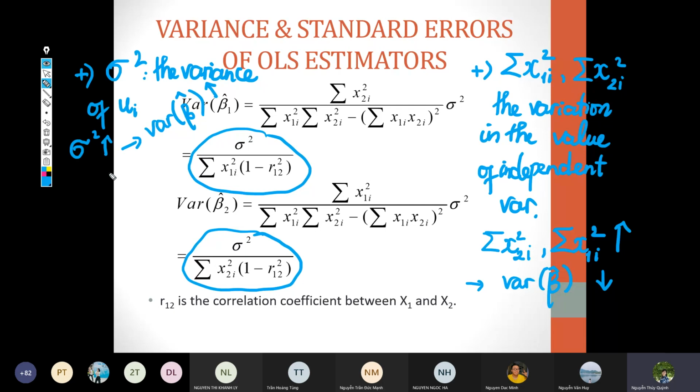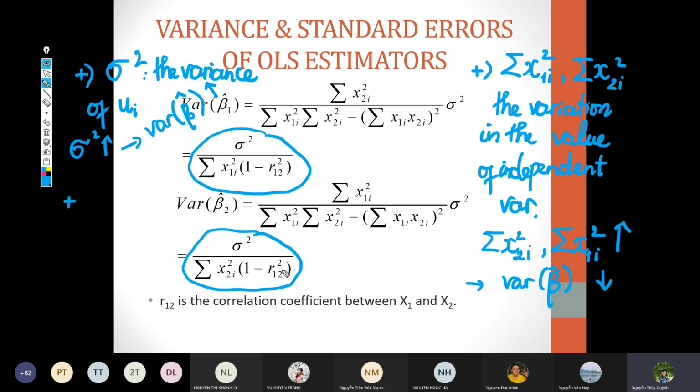The third one, what is it? We still have one more thing in this formula. We already have the variation of the independent variables. What else do we have? The correlation coefficient between x1 and x2.